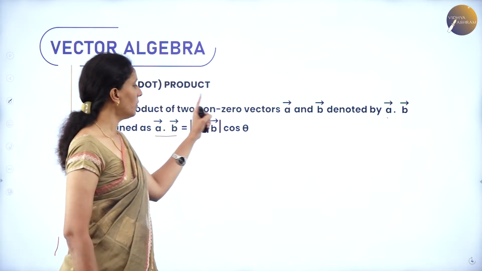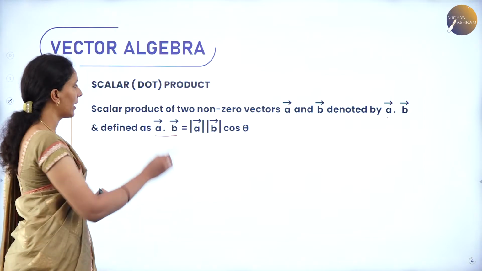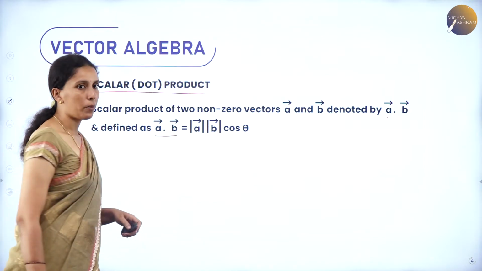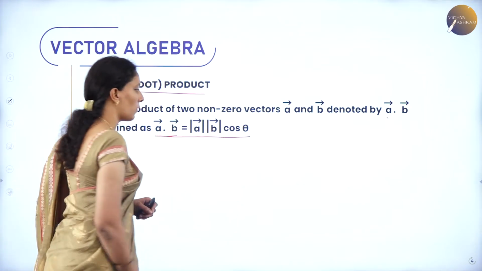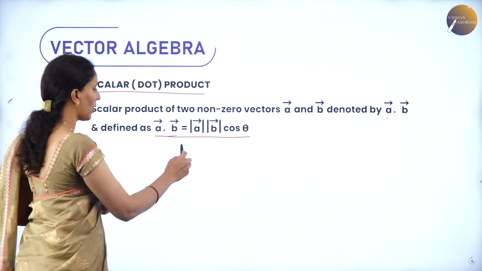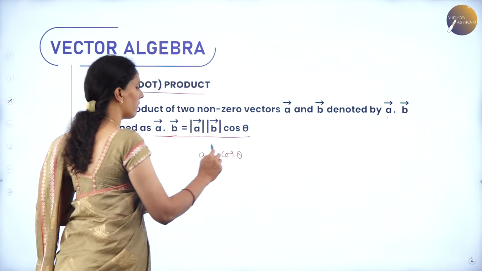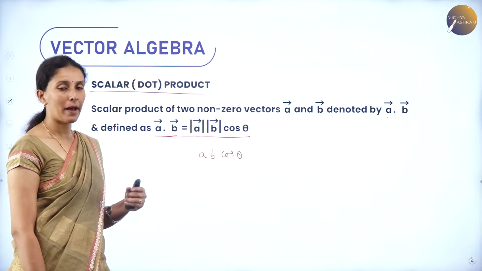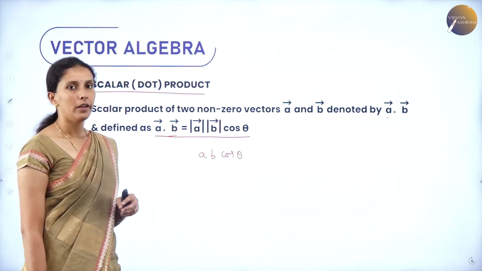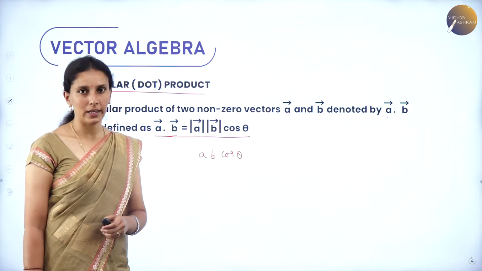So this is how we multiply vectors in terms of scalar product. Thus A dot B is equal to AB cos theta, where A and B are the magnitudes of vector A and vector B. Now, from this formula, we have the following observations.